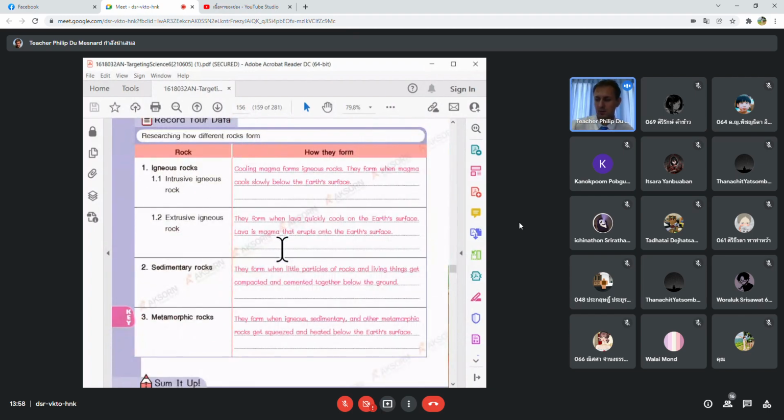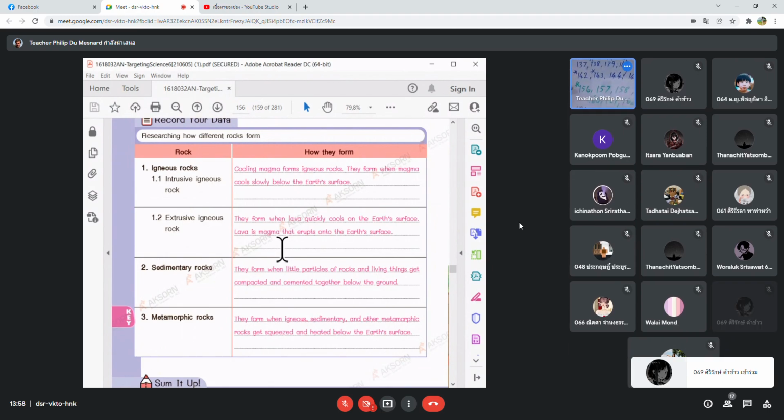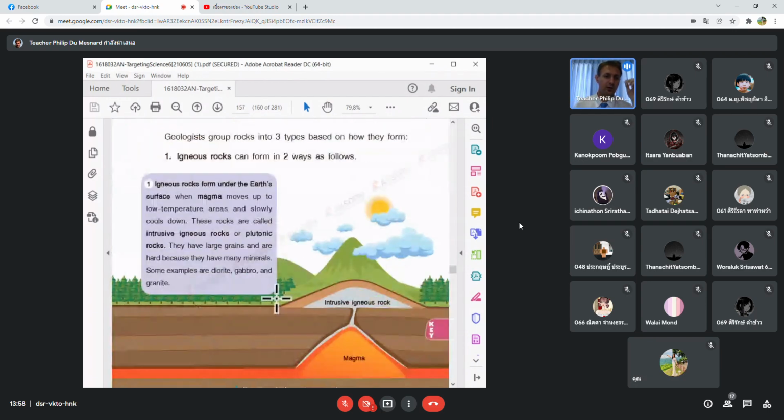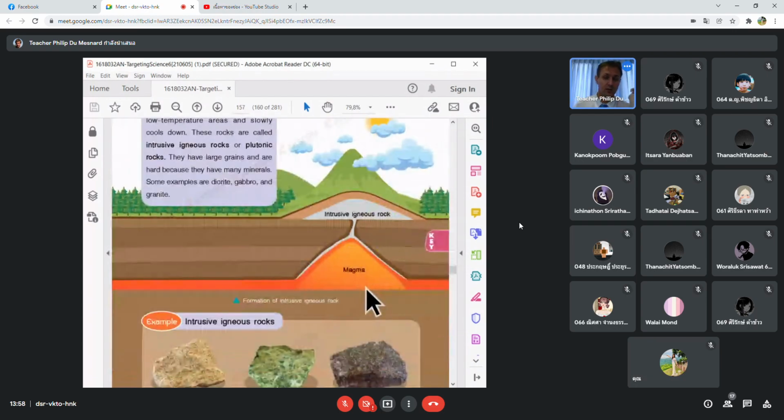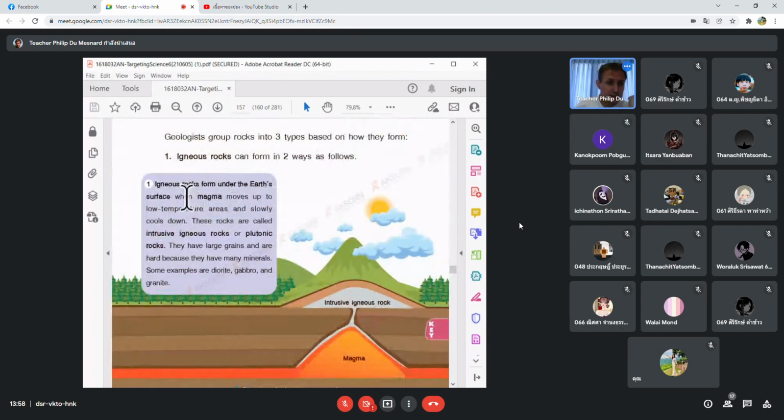So I make the star. And in your book also, you can make a star. Okay. The 156, yes, it's important. It's the different kinds of rocks. 157 is also important. So this one is, let's see, we can do this.